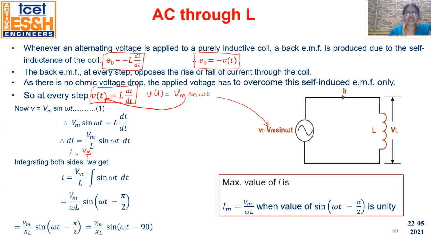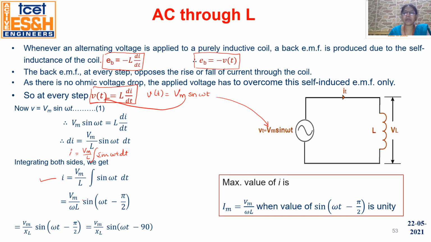So this is the equation: integrate sine omega t dt. I is equal to Vm by L integration of sine omega t dt. Now what happens after the integration? What you will get is Vm by omega L cos omega t.